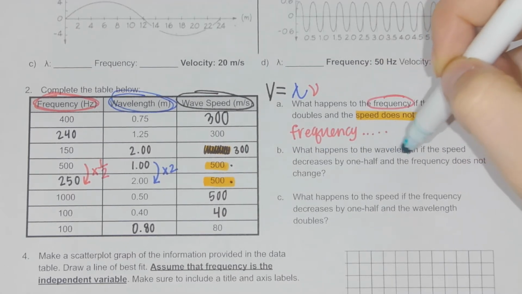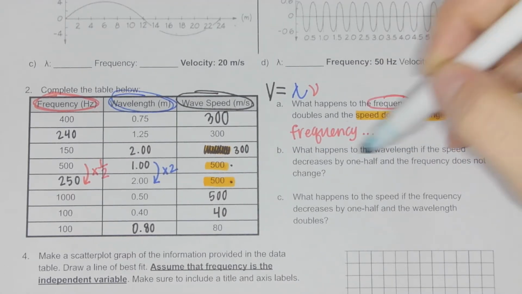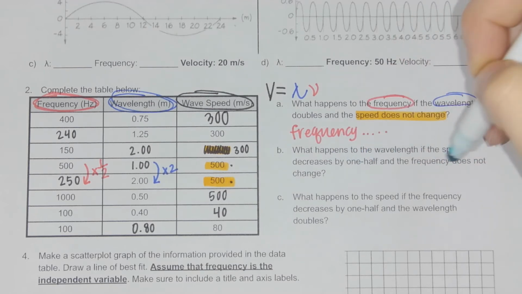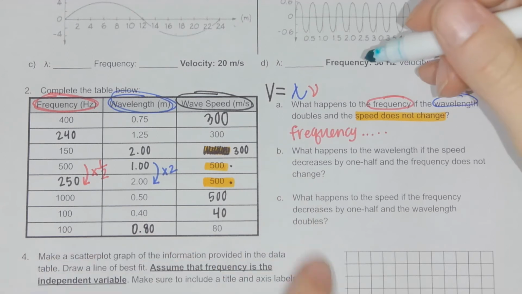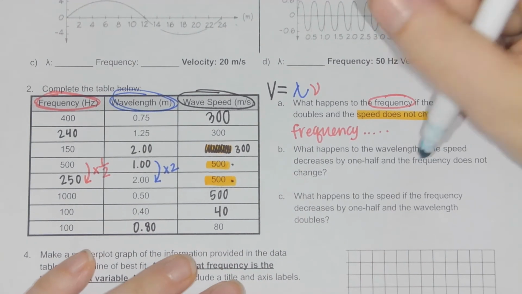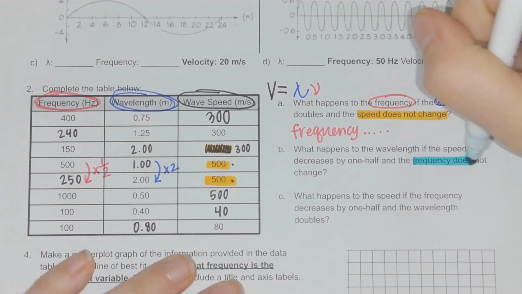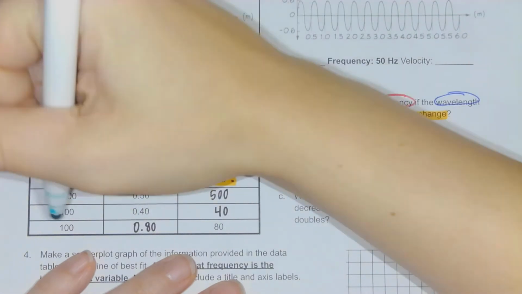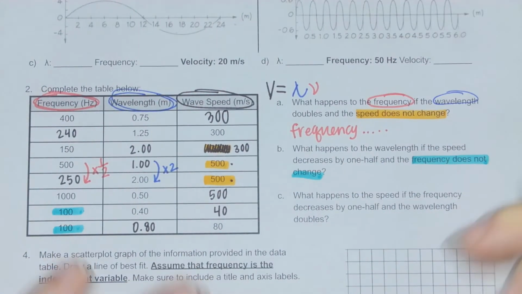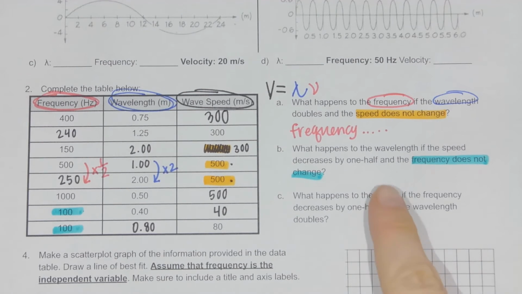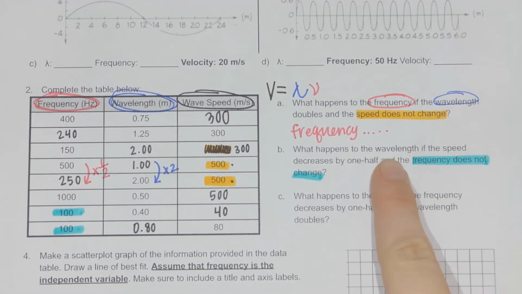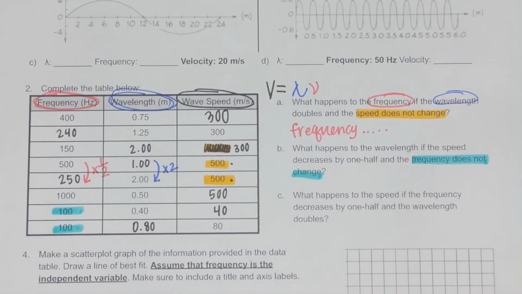What happens to the wavelength if the speed decreases by half and the frequency does not change? So actually I want to do this one because I can see where this example is already. The frequency does not change. That's going to be here and here. And we're wondering what's happening to the wavelength when the speed is decreasing by half.